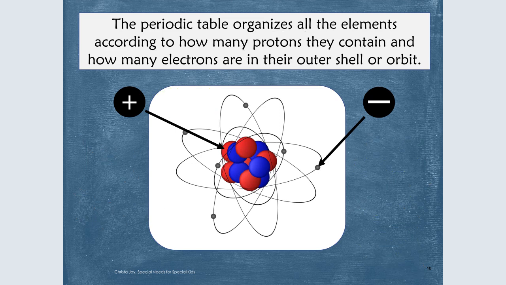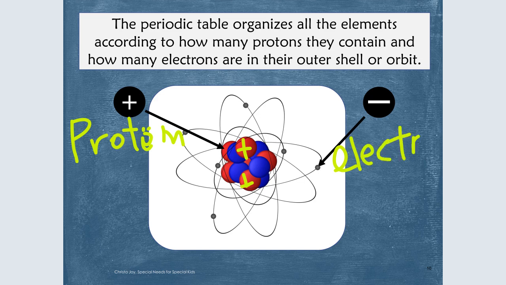All right. So remember, the proton is the positive charge. And I spelled it wrong. It's in the nucleus right here. Let's make these the positively charged. The electron is outside. And that's negatively charged. Now they are attracted to each other.